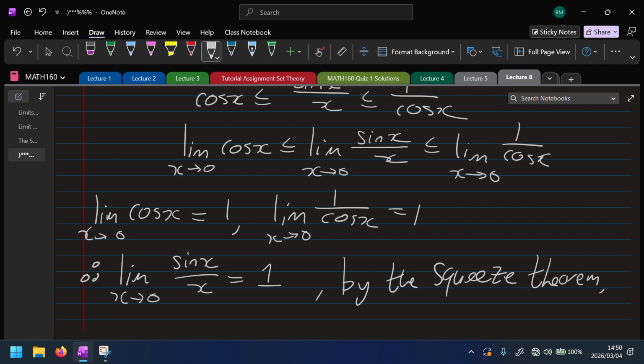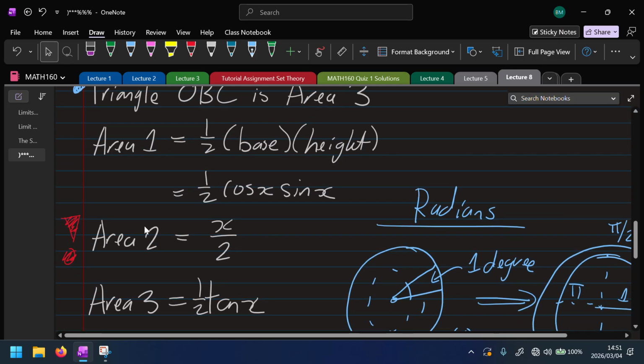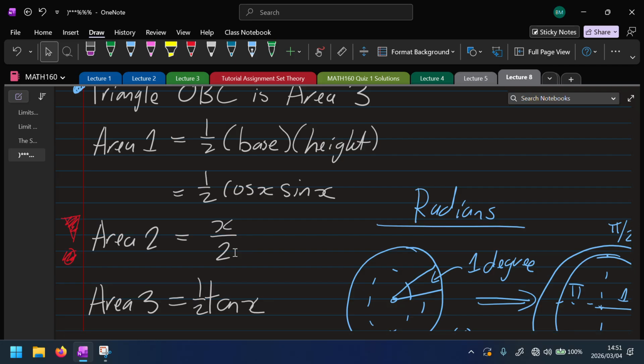Now, for homework, you're going to do all of this again, but instead of using radians for this step here, where we got the area, you are now going to use degrees. Okay, so I went on the whole thing about radians. If we instead use degrees for this area 2, so the proportion is not out of 2 pi, the proportion is out of 360, then we're not going to get 1.